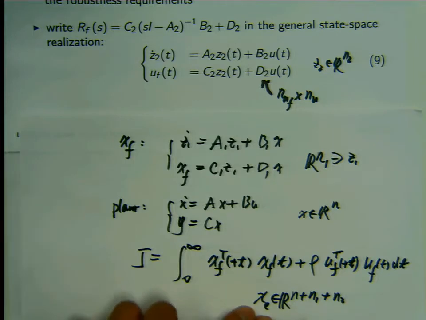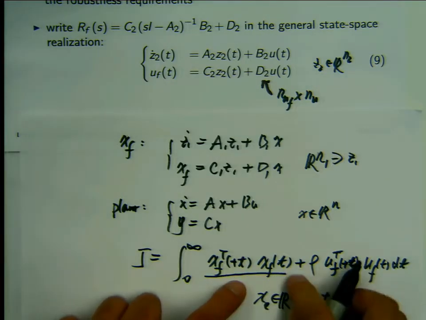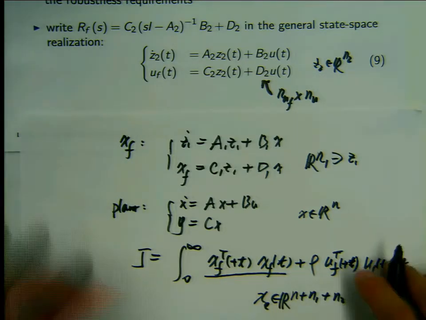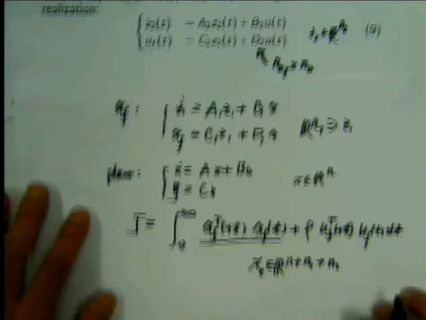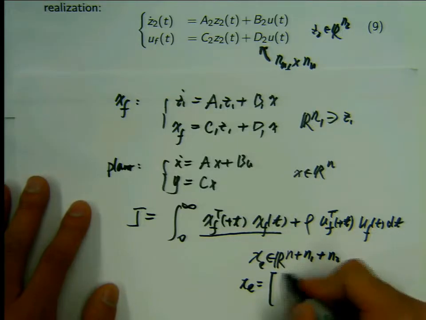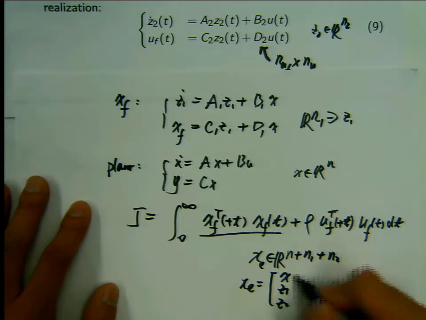What you want to do is to translate this into some quadratic function of the enlarged state. Okay? Where xe should contain all the dynamics of this enlarged system, x, z1, z2.